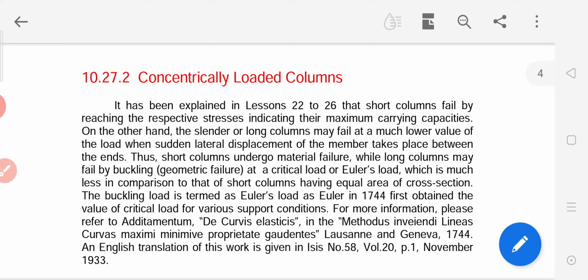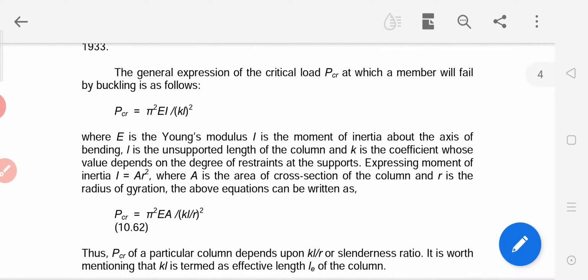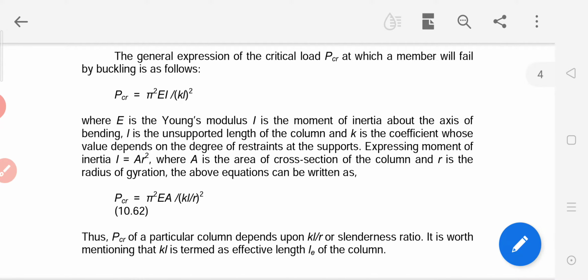First, obtain the value of critical load for various support conditions, for which the general expression of the critical load is needed.